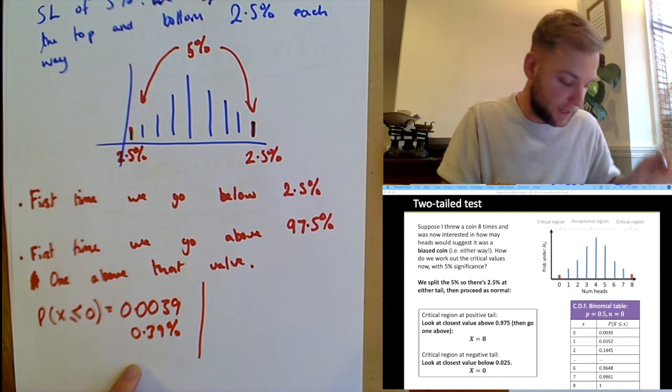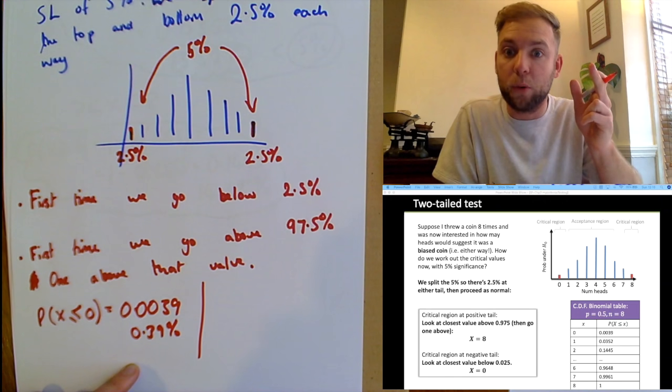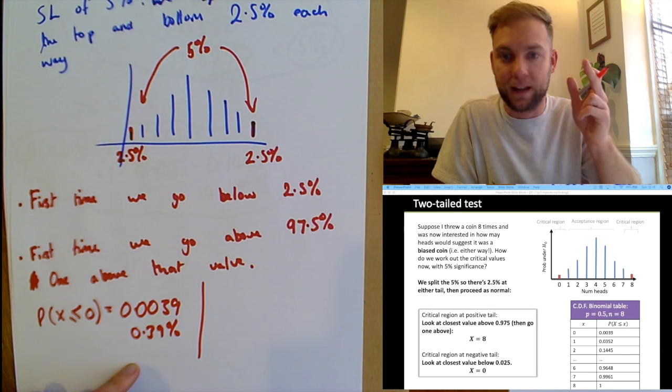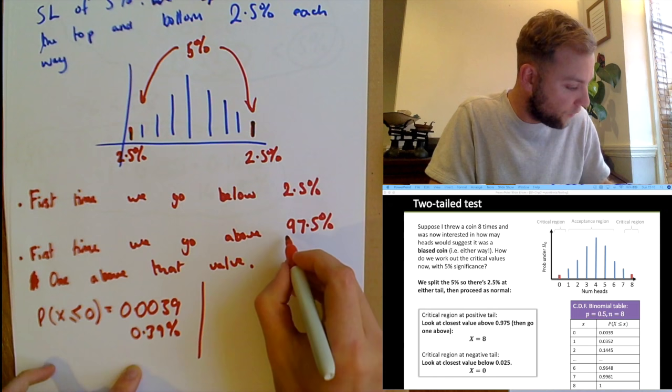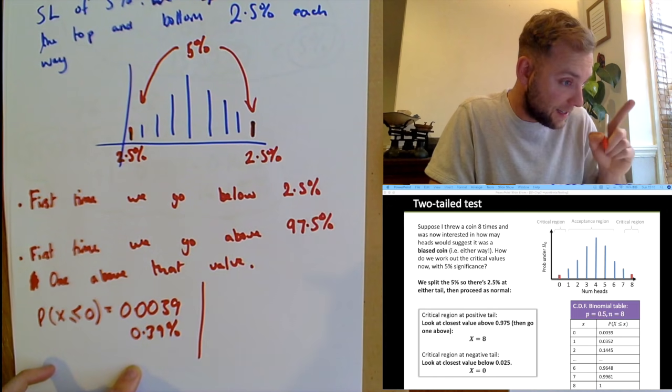For the top end, we're looking at the first time it goes above 0.975, and then 1 above that. So the first time it goes above 97.5 is 7.